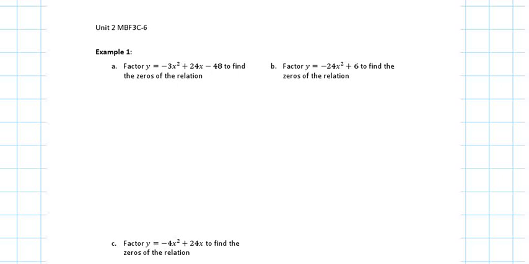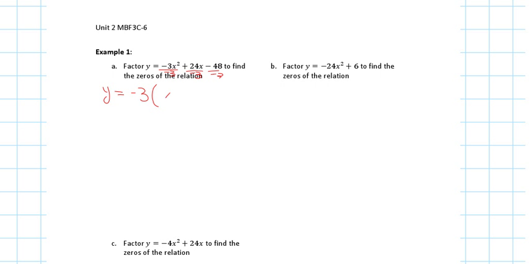Okay? So, I'm going to factor my greatest common factor, 3. I divide this by negative 3. So what do you have left for the first one? x squared. Negative 8x.